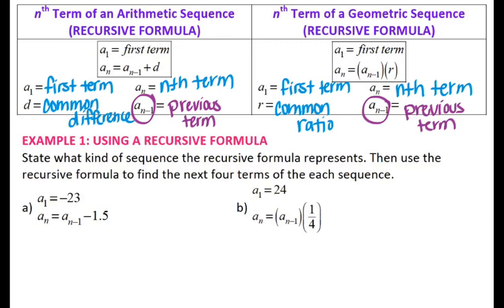Looking at letter A, we are subtracting 1.5. If you're ever adding or subtracting, that is arithmetic, so we'll label this as arithmetic. For part B, we are multiplying by 1/4. Multiplication indicates geometric, since we're multiplying by the same thing every time.